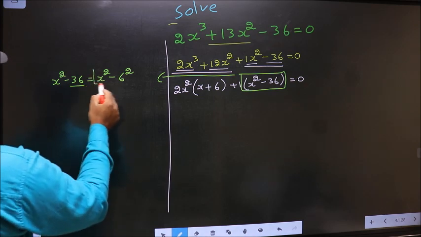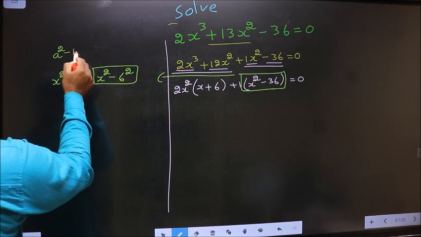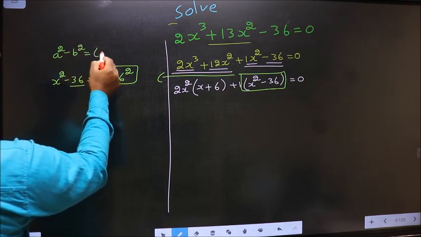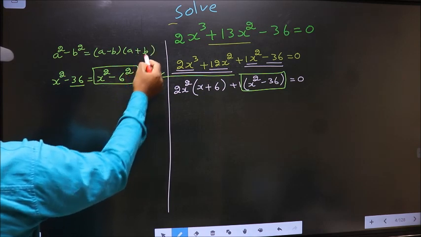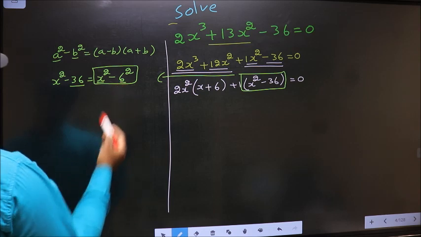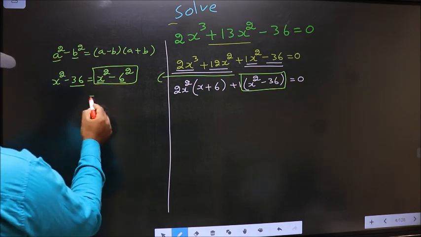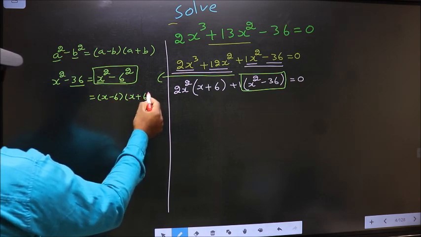Because now on this we should apply the formula a square minus b square, that is a minus b times a plus b. In place of a you have x, in place of b you have 6. So this will become x minus 6 times x plus 6.